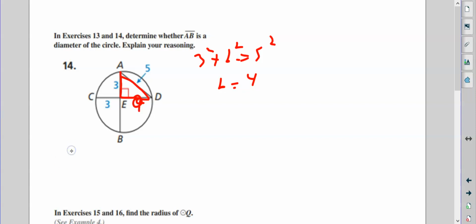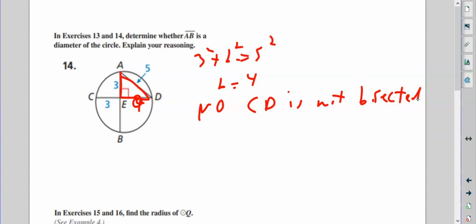So the answer is no, because if AB was a diameter, then CD should be bisected. So CD is not bisected. The two parts of the chord should be equal if it is perpendicular to the diameter, and they're not.